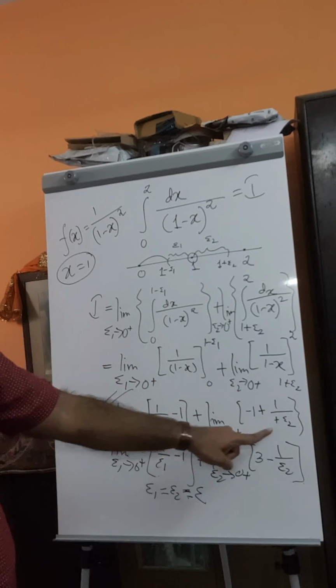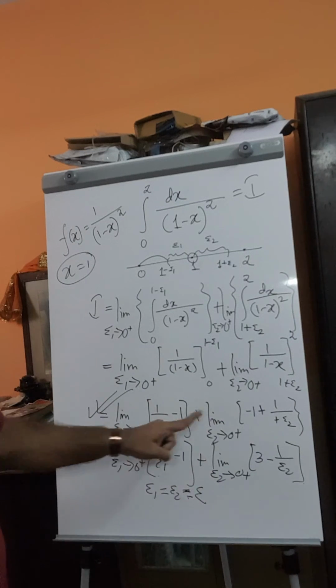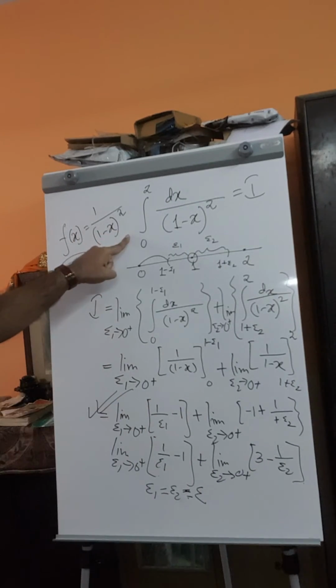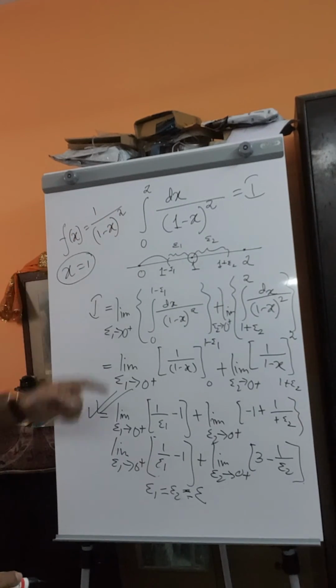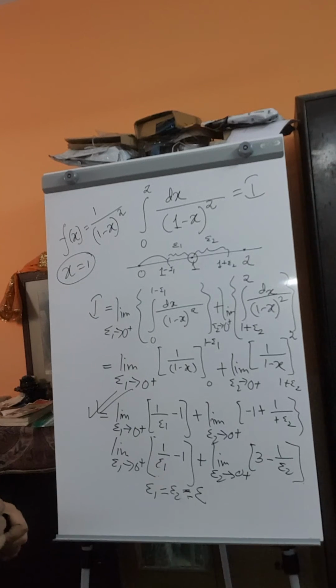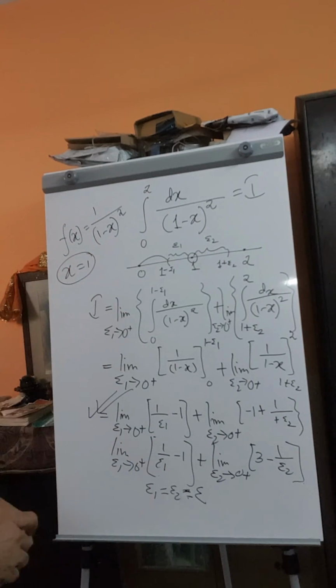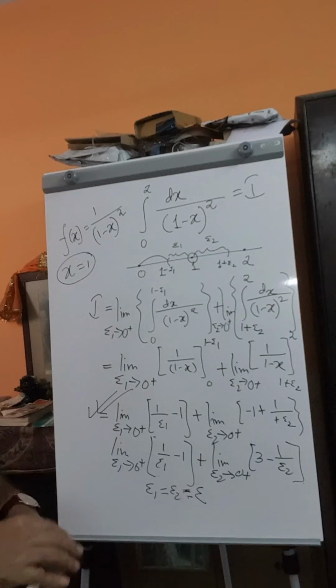So they don't cancel each other, and the improper integral becomes divergent. So this improper integral is divergent in real sense and also in Cauchy principal value sense. But there are improper integrals which may not exist in real sense, but they may have a Cauchy principal value. So this was the example of a type 2 improper integral under case 3.